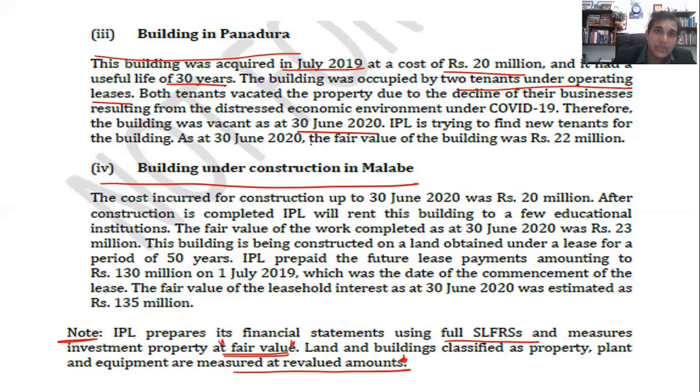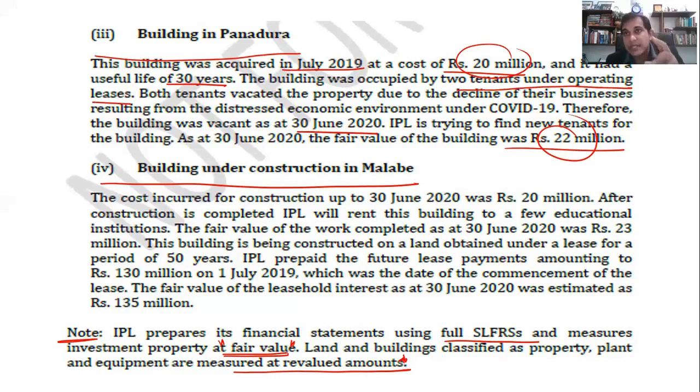As at 30th June 2020, the fair value of the building was 22 million. The cost is 20 million. The fair value at the end of the reporting date, 22 million. What do you think? Now, this building is for renting purpose. Even though there are no tenants right now, they are trying to find out.